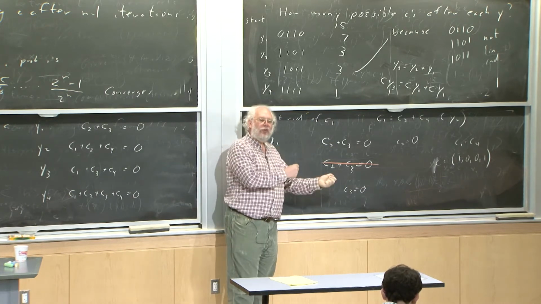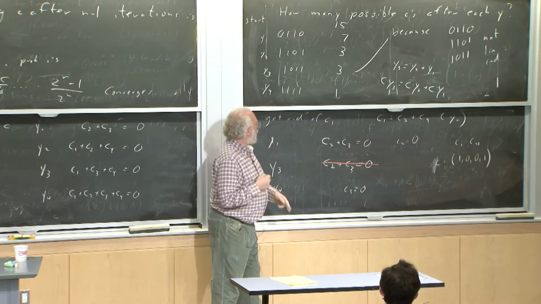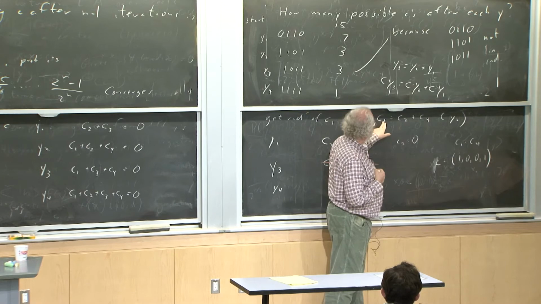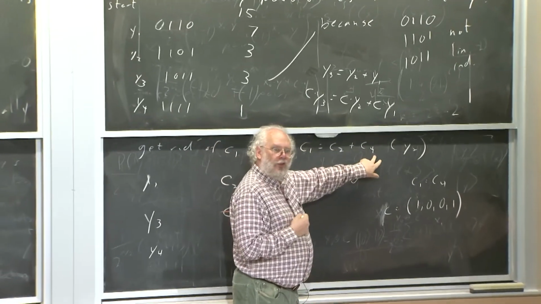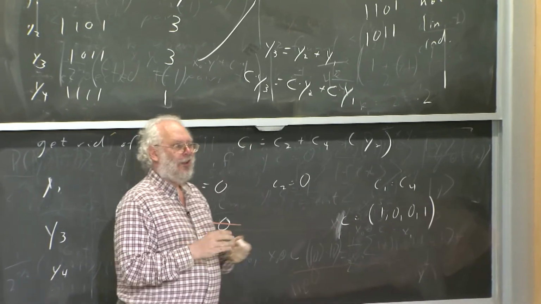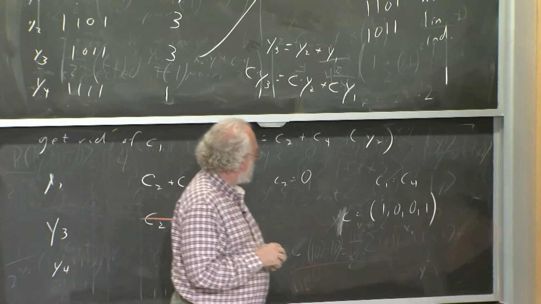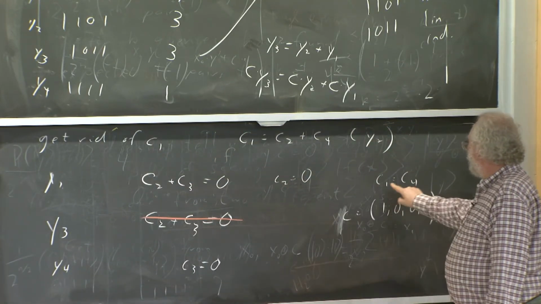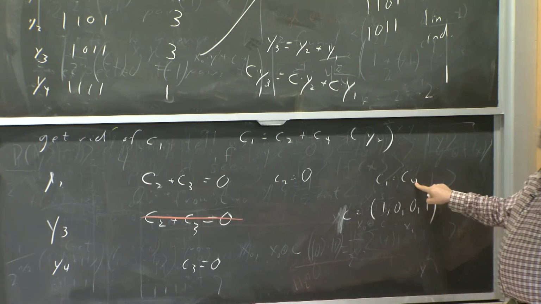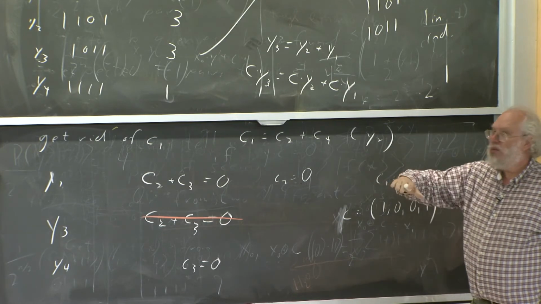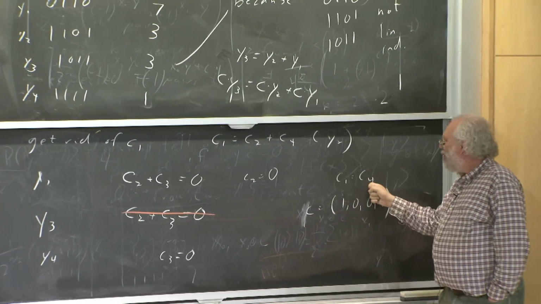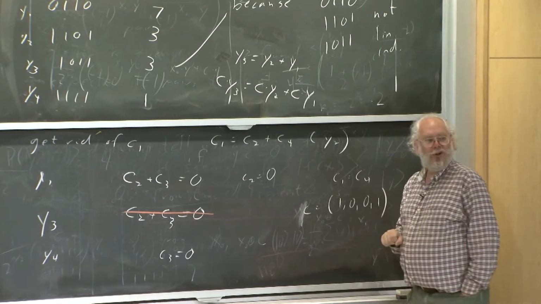And we're left with one variable and no equations, except we get all these equations for C1 in terms of later variables, and then for C2 in terms of later variables, and C3 in terms of later variables, etc. So we get an equation that looks like C1 equals C4. And so we only have one variable left, and we can either set it to 0 or 1. If we set it to 0, we get C equals 0, which we know is the wrong answer. So we set it to 1, and we get C1 equals C4.